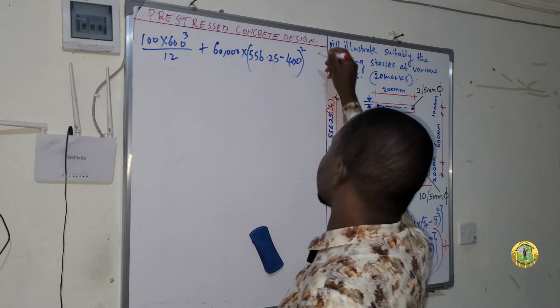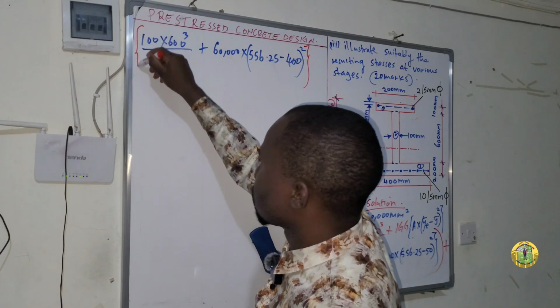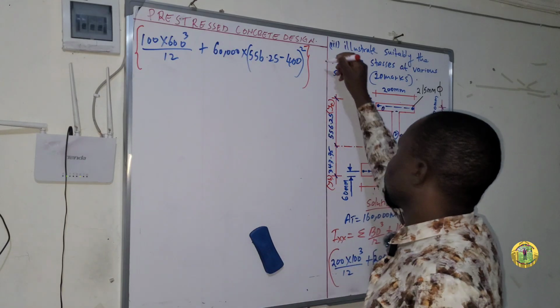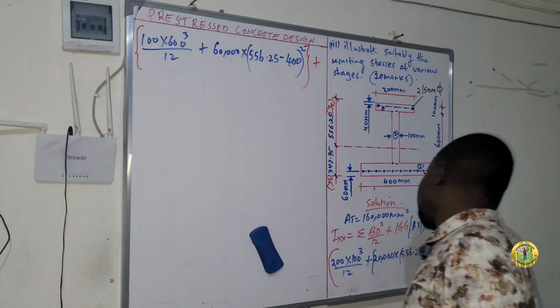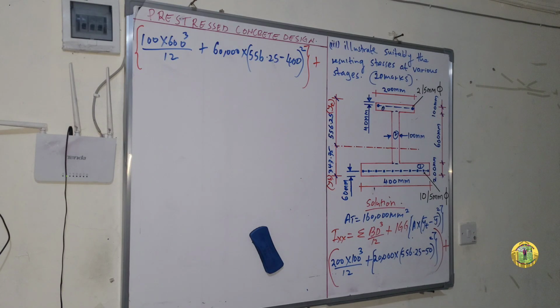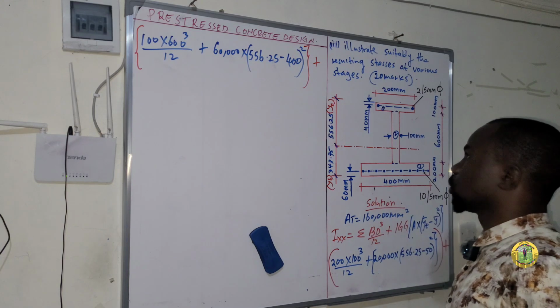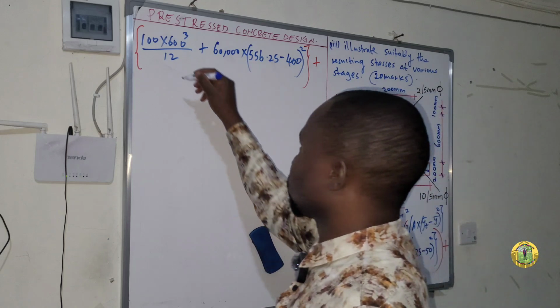And then the last one. Then plus, we come to this last portion. So the BD cubed will be 400 times 200 cubed over 12.